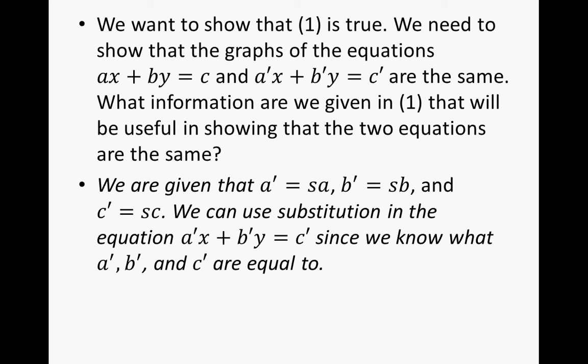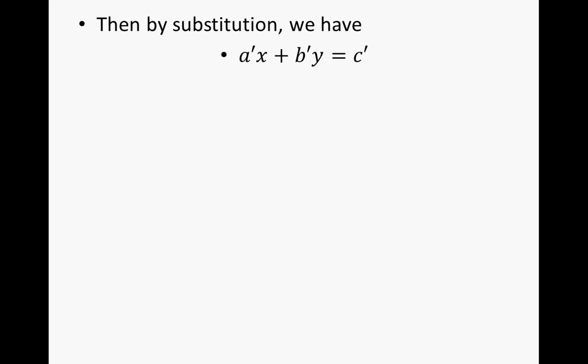We can use substitution in the equation a prime x plus b prime y equals c prime, since we know that a prime, b prime, and c prime are all multiples of s. So then by substitution, we can replace the a prime with s times a, the b prime with s times b, and the c prime with just sc.